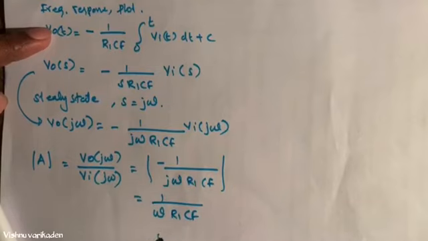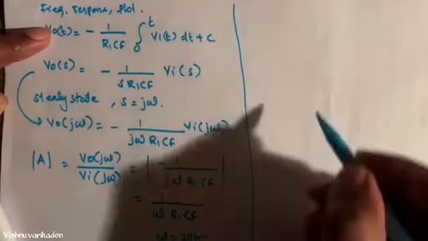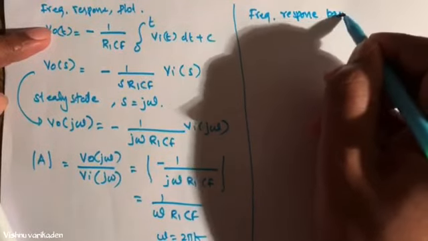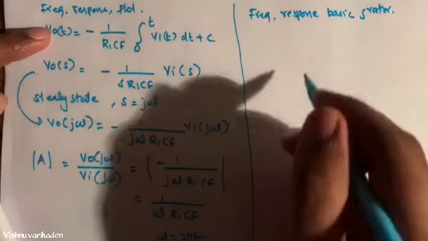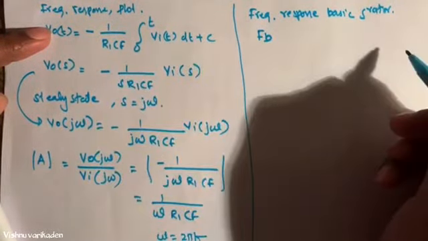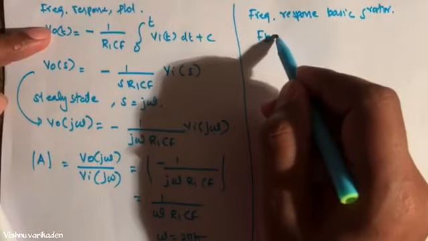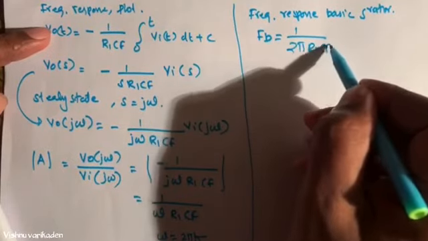Omega becomes 2 pi f. So we can write the frequency response of the basic integrator, denoted by fb. Equating 1 by R1 CF to 2 pi f into R1 CF, where f is the fb value, the equation becomes fb equals 1 by 2 pi R1 CF.